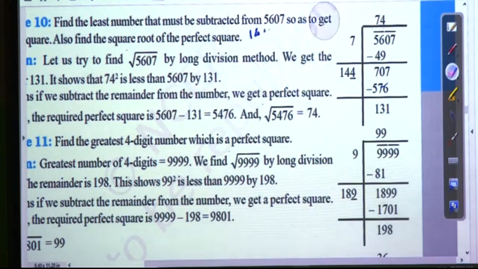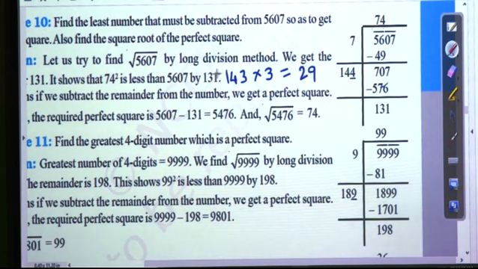So let us try for other digit, that is 143 threes are. 3 threes are 9. 4 threes are 12. Carry 1. 3 ones are 3 and plus 1, 4. 429, which is smaller. So let us go for the next.